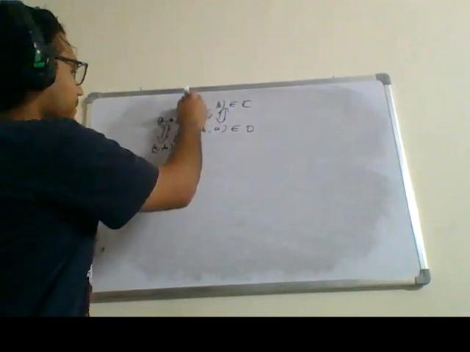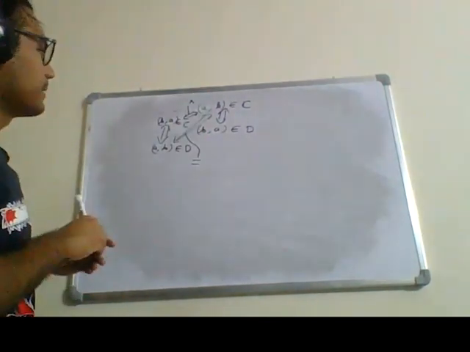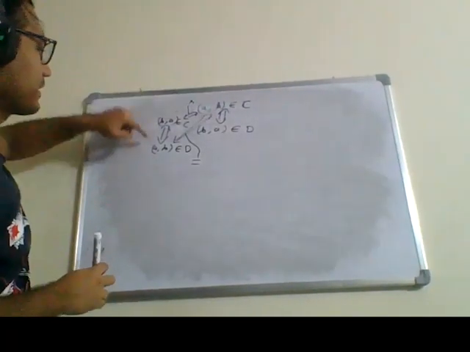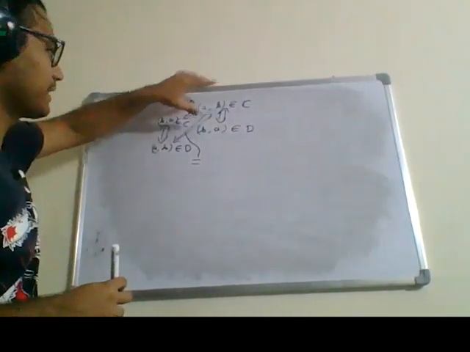In fact, this is implied by symmetry. Because of that, they all turn out to be equivalent. So through this link, you'll get this link. They're both the same link.